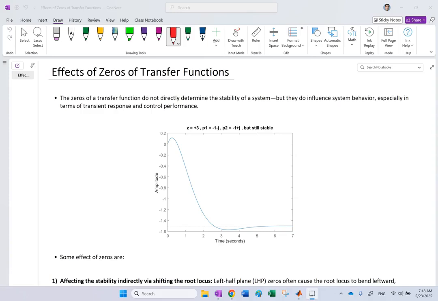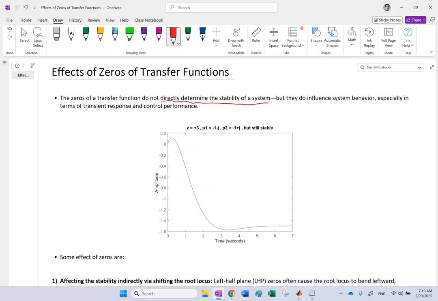As I said, the zeros of the transfer function do not directly determine the stability of the system, okay? The stability is directly determined by the poles of the system. Now, they have some effects. Before I show you the effects, here is an example where the zero is on the right side of the imaginary axis, and the system could still be stable.